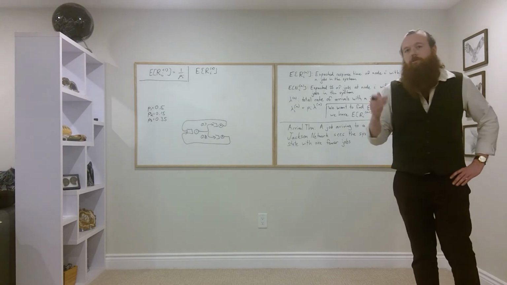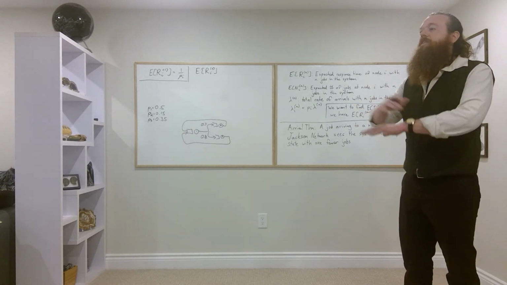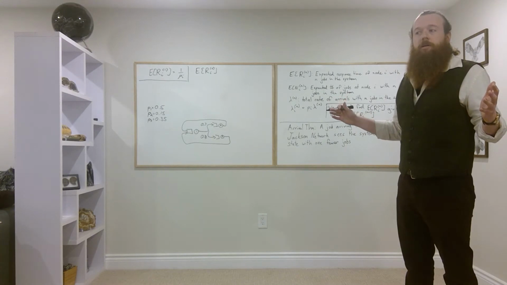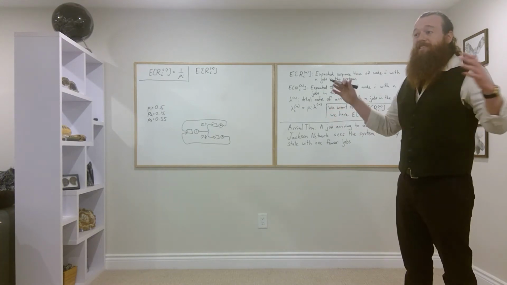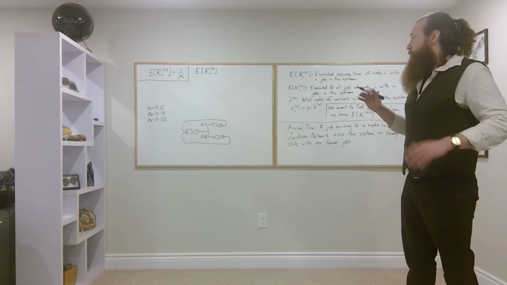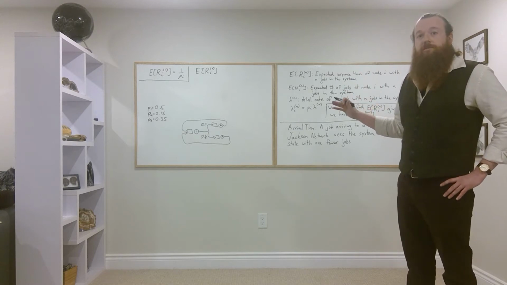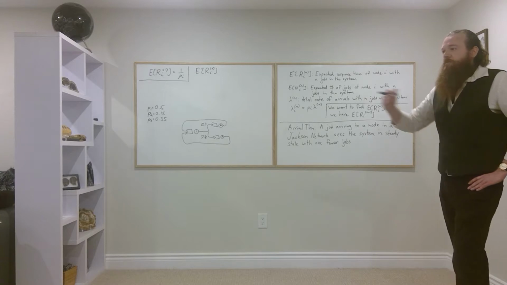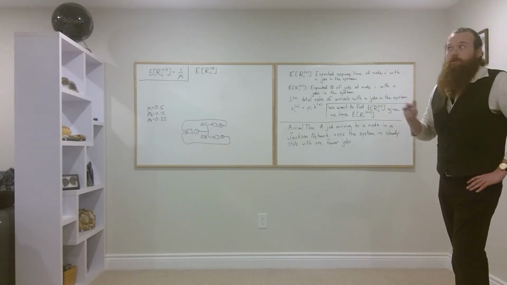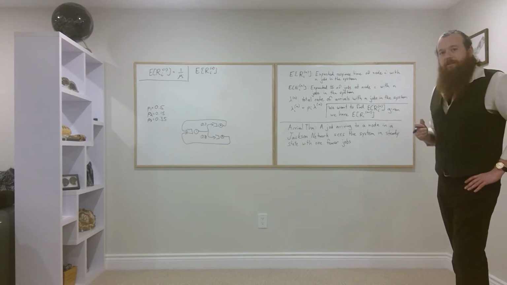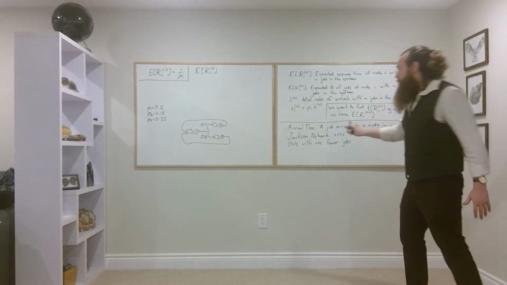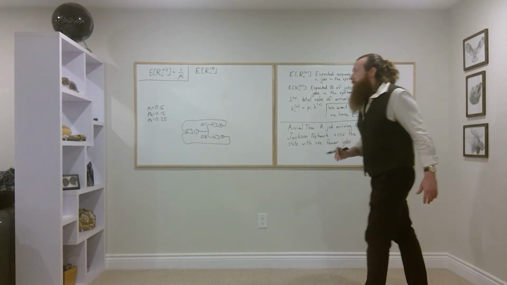When a job arrives to a node, it sees the entire system in steady state with 1 fewer job. Well, if it sees the entire system in steady state, it certainly sees the node it just arrived to in steady state as well. So how many jobs should it expect to see ahead of it? It's going to be the expected number of jobs given that there's 1 fewer job circulating through the network.